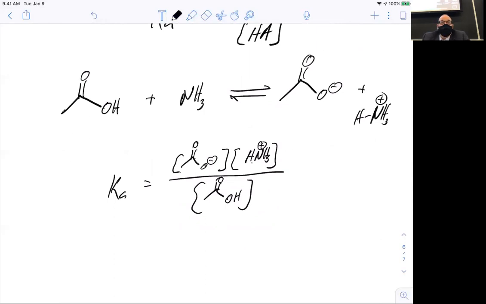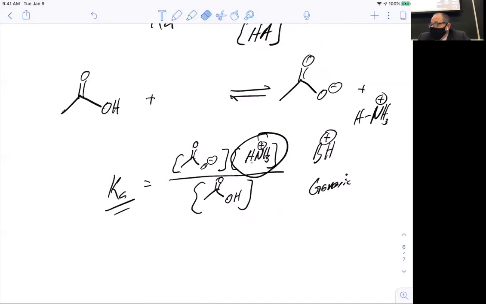Even though we're not using water in this case, we're going to drop that out, and that means this Ka here is going to be specific for this compound. You could put in a generic. This Ka is going to be related to, you know what, this is one step too forward. Sorry, let me redraw all this.